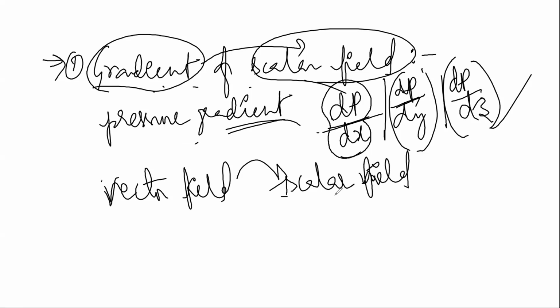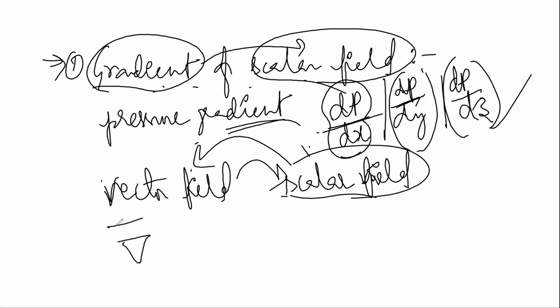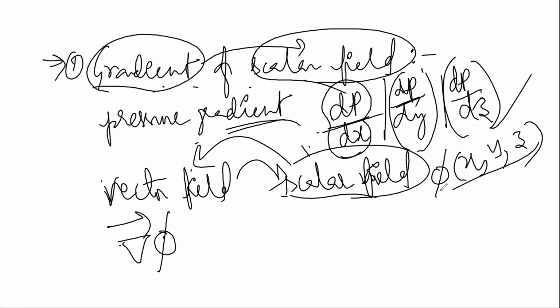When I apply the gradient, denoted by del bar, to any scalar field, I told you scalar field is denoted by either phi or psi. So if I take my function as phi of x comma y comma z, this is my scalar field. That is a scalar function which is representing my field.